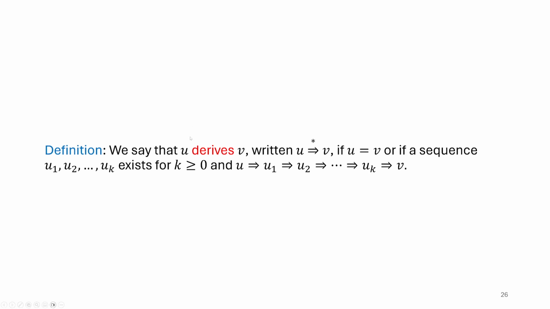It's saying that U derives V either if they're the same, so any string derives itself, or if you can get a sequence of intermediate strings where U gets to U1, which gets to U2, eventually deriving V. If you get that for some finite sequence, then you derive a particular string.